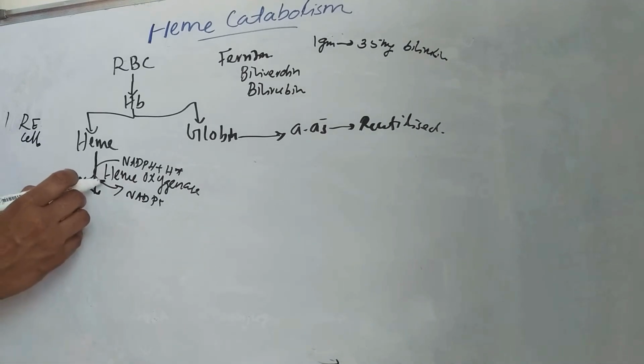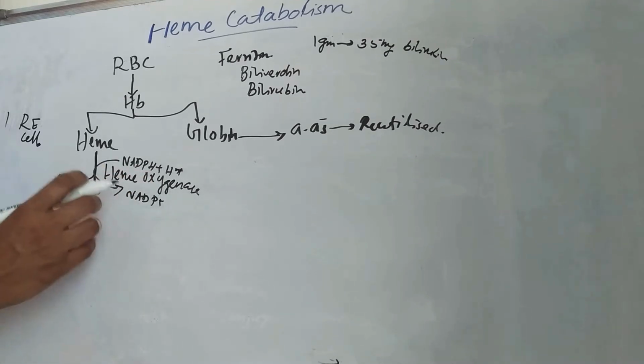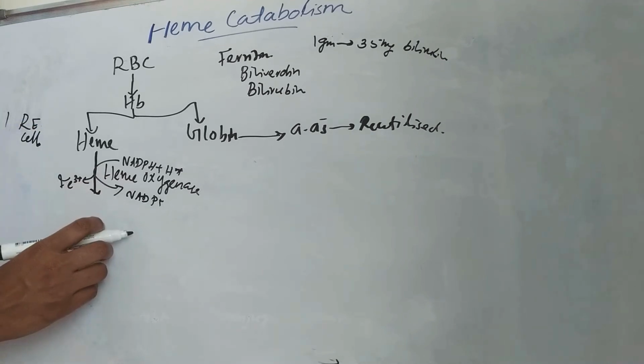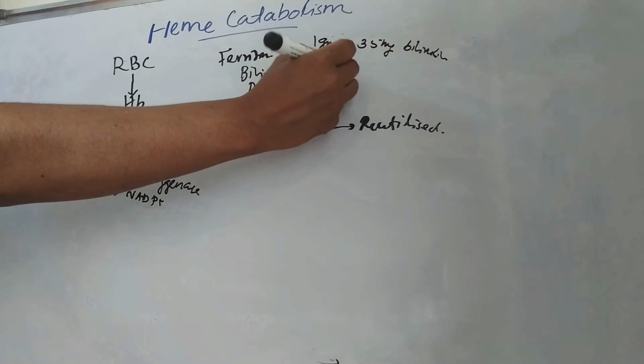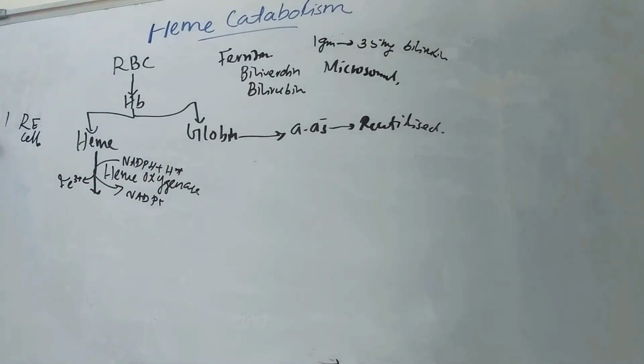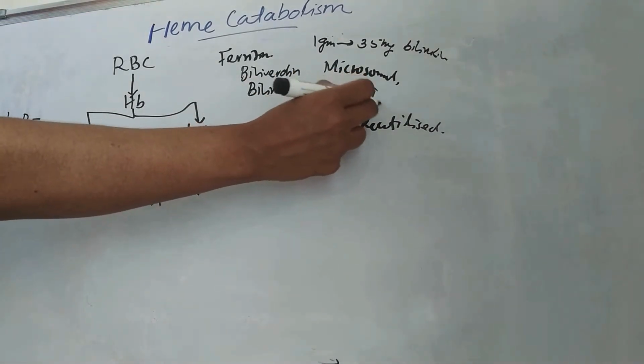Its other name is heme alpha methinyl oxygenase. This enzyme attacks the iron porphyrin ring in heme, and this reaction occurs in the microsomal fraction of reticuloendothelial cells. This reaction is between pyrrole rings 1 and 2.